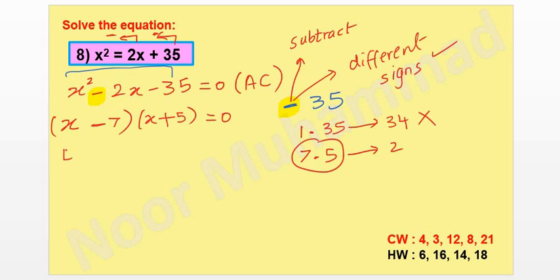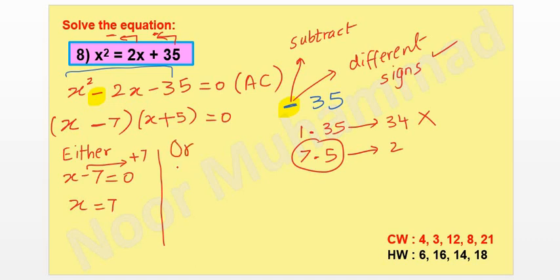Now what will you say? You will say either the first factor is 0. What is the first factor? The first factor is x minus 7 equals 0. Now move this 7 to the other side. It will change into positive 7. So x equals 7 is our first solution. And then we can say or x plus 5 is 0. Now we will move this 5 to the other side to isolate the x. So x equals negative 5.